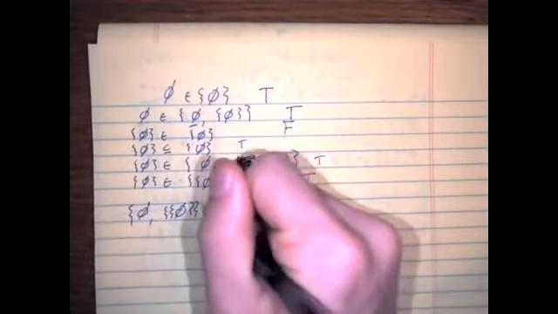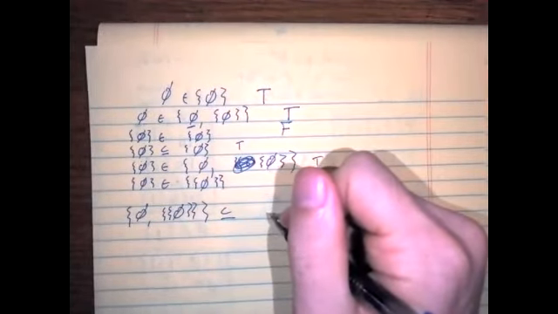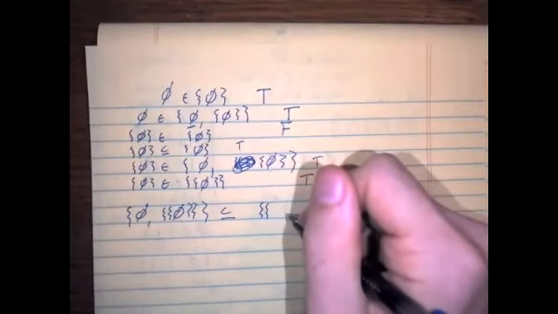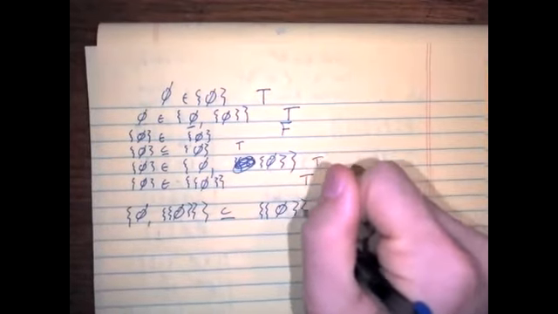The empty set and the set containing the empty set is a subset of this. Here's false. Here, tell me why this is false.